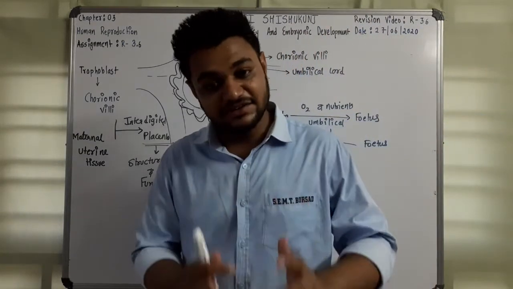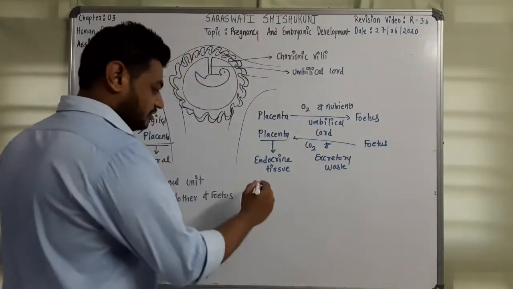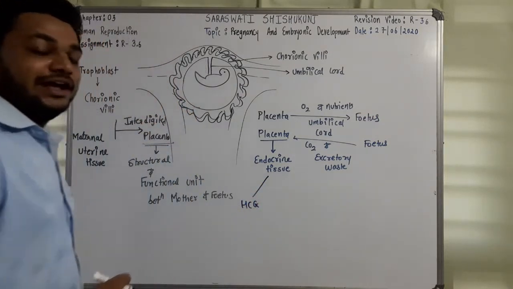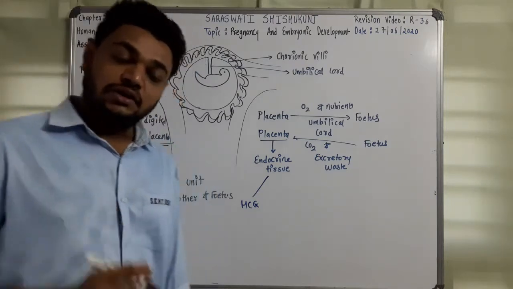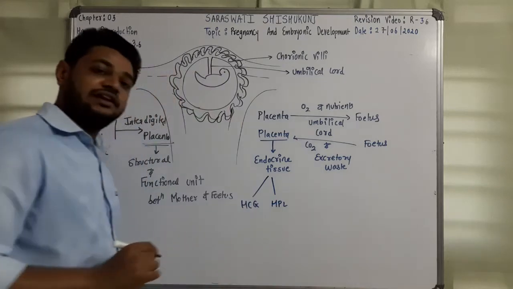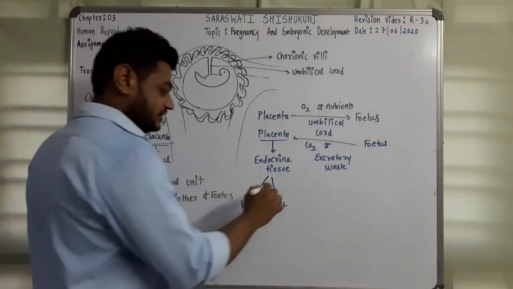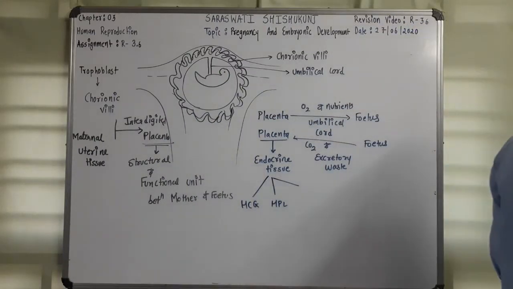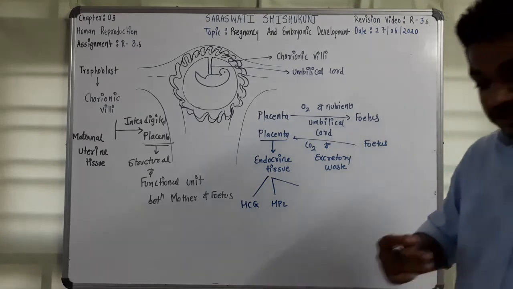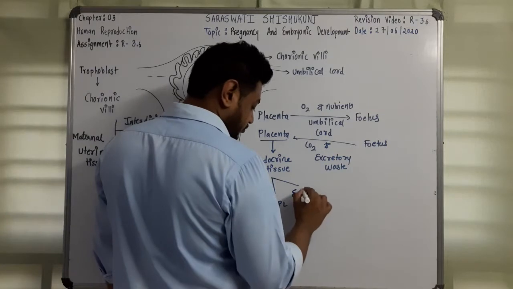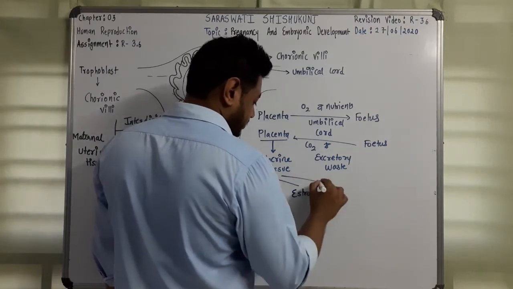Whenever there is a pregnancy, there will be release of certain hormones like human chorionic gonadotropin, HCG. The second one is HPL, that is human placental lactogen, right? It also secretes female sex hormones like estrogen and progesterone, right?